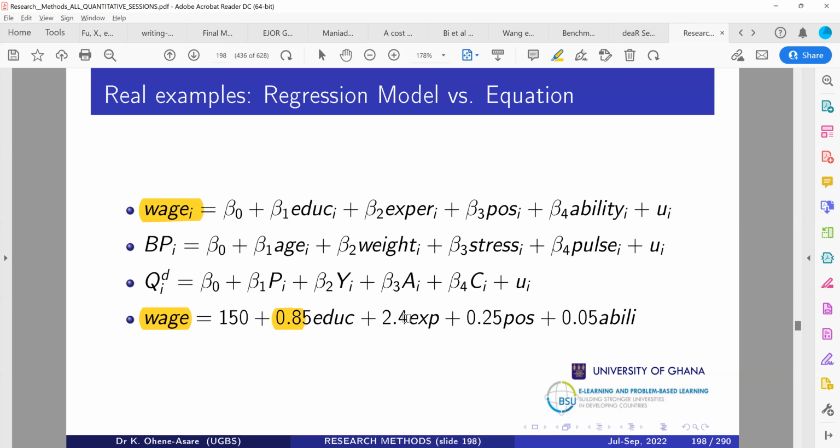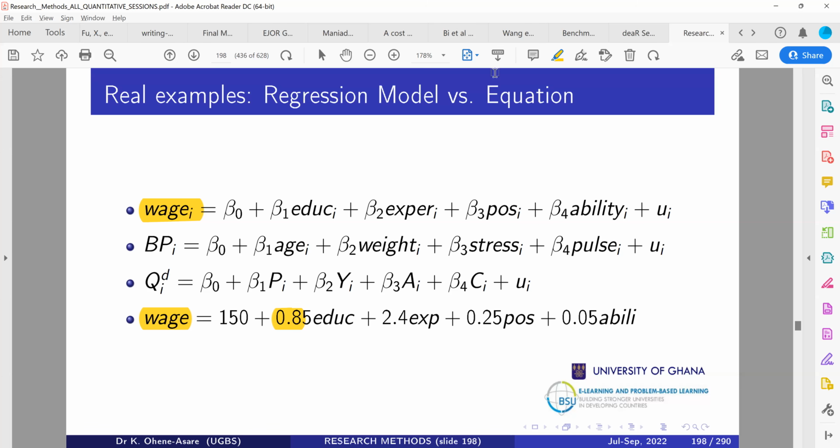So you got to know what the numbers are representing, what they are measured in, and whether those measured items are being used in analysis. 0.05 for ability might be smaller than 2.5 or 2.4, but that 0.05 in the world of ability might mean more. Get the point? So they don't really mean that one is better than the other. It just shows the partial relationship between one particular variable and another.